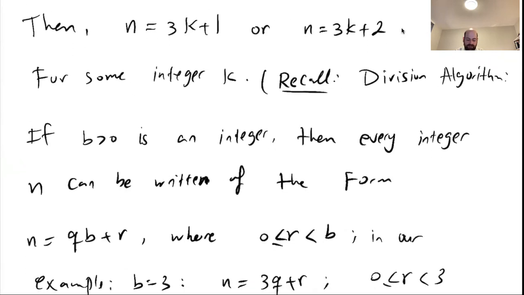Then inside the brackets, I justified this claim. Why is that? I basically used the division algorithm. The division algorithm says whenever you have a positive integer b, any integer n can be written in the form qb plus r. q is called the quotient, r is called the remainder, and the remainder is always bigger than or equal to 0 and less than b.